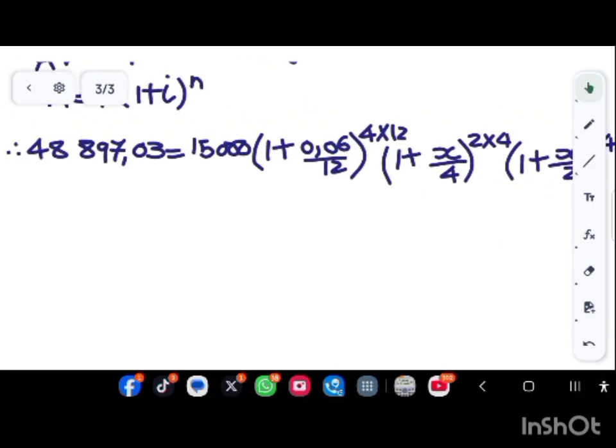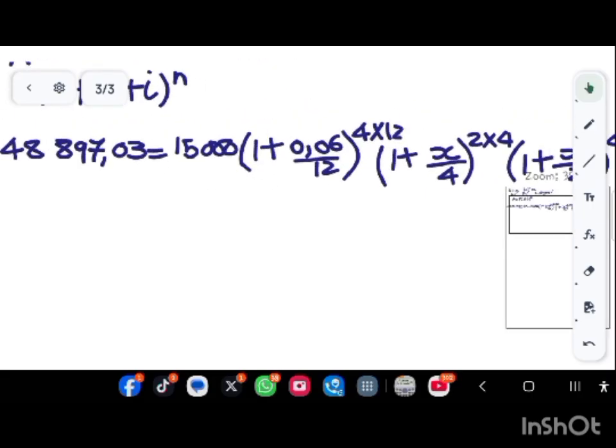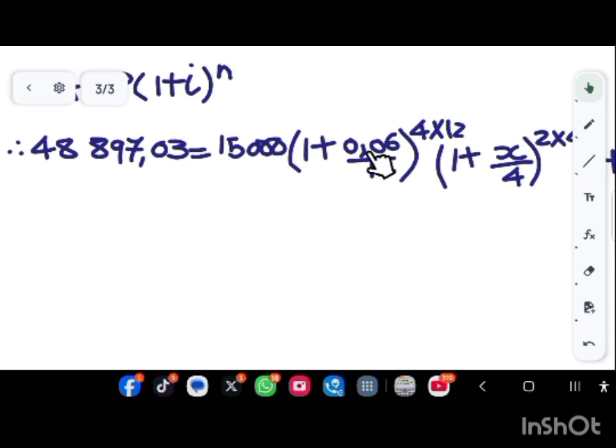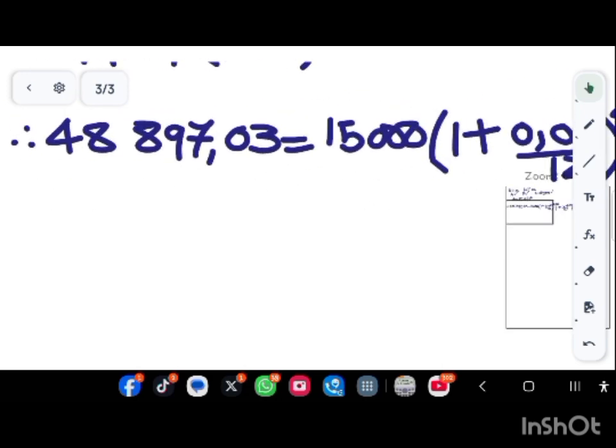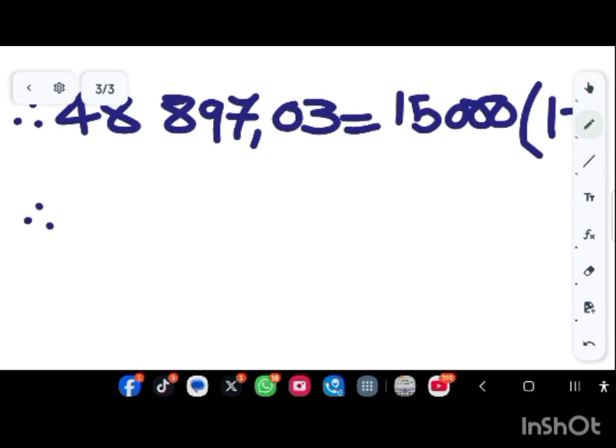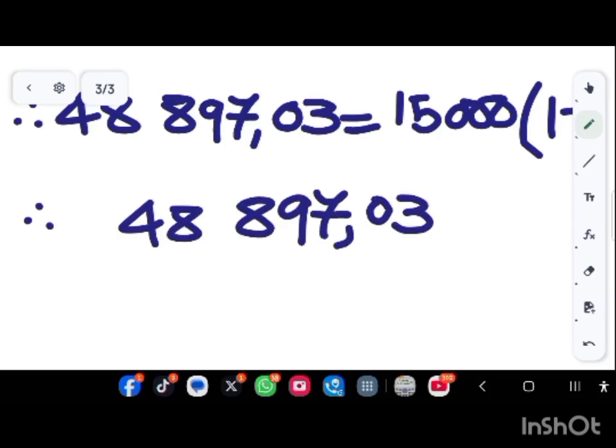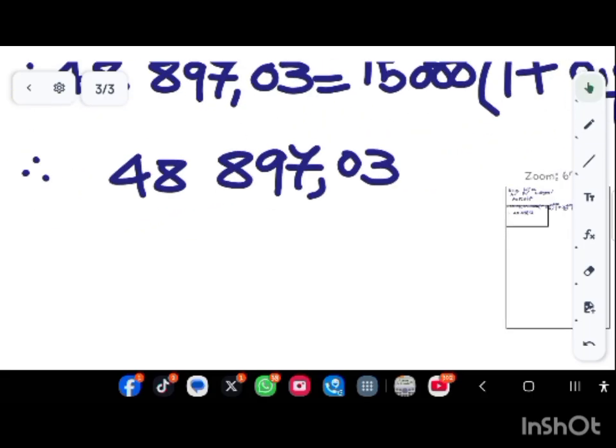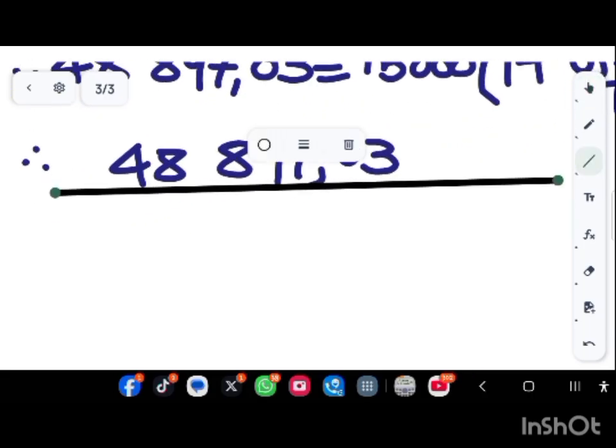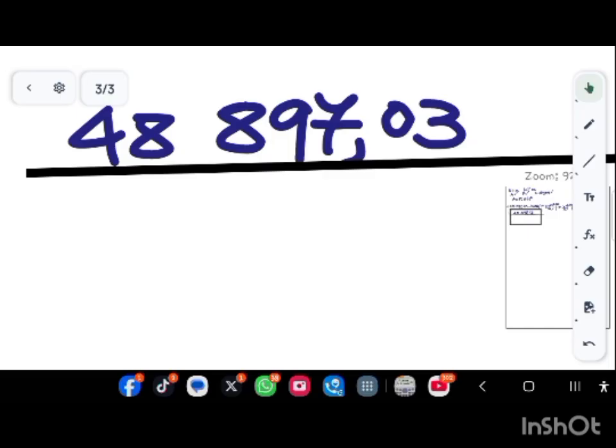So next step is you divide both sides by everything that you can divide by. Therefore, 48,897.03 is divided by 15,000.